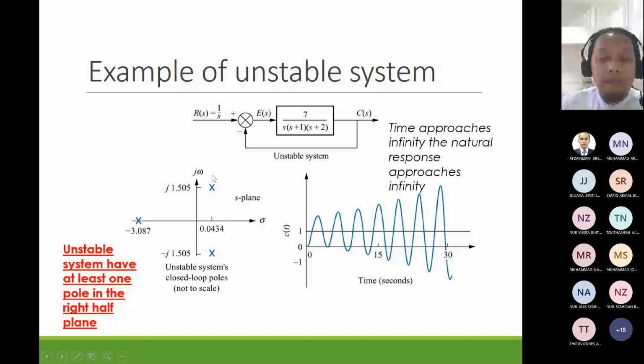When one of your poles is located on the right half plane, the system will become unstable. For a stable system, all of the poles must be located on the left half plane. If you have at least one pole located on the right half plane, then the system becomes unstable.